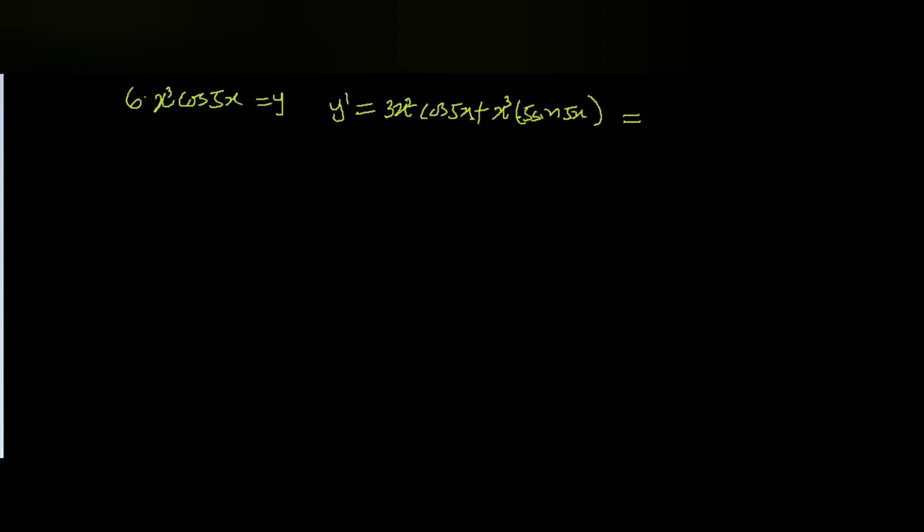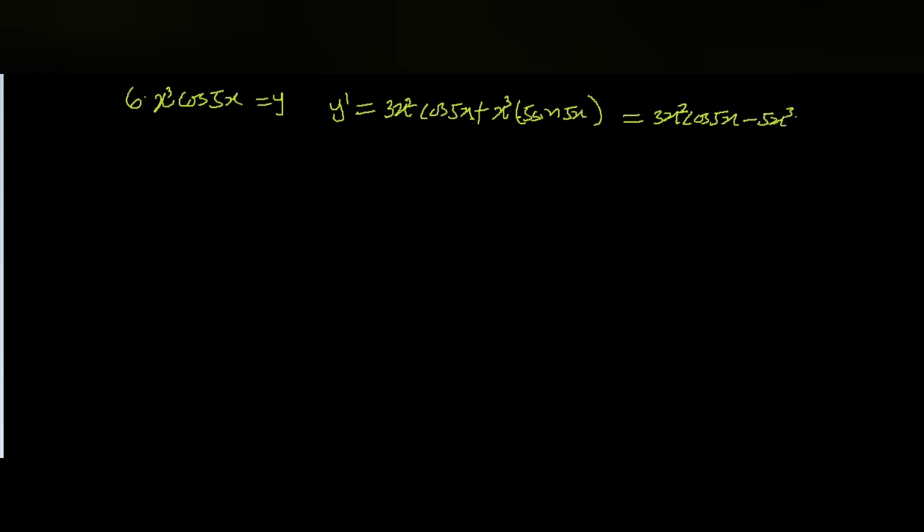So let's simplify this. We are going to have 3x raised to the power of 2 cos 5x minus 5x raised to the power of 3 sine 5x. So you can also factorize x raised to the power of 2 outside there.